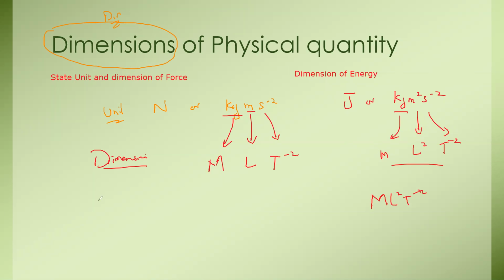Now, what is L plus L in a dimension? If I add length with length, what will I get? 2L. L plus L should be 2L. But if I say L plus L is L, is it right? This is right. In dimensions, length plus length is length.